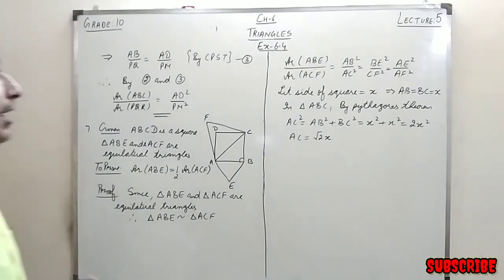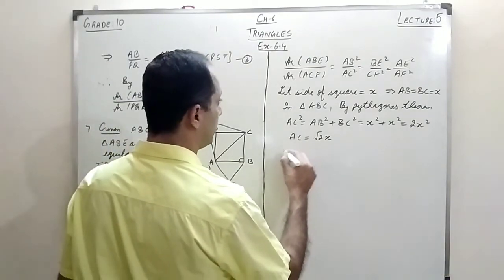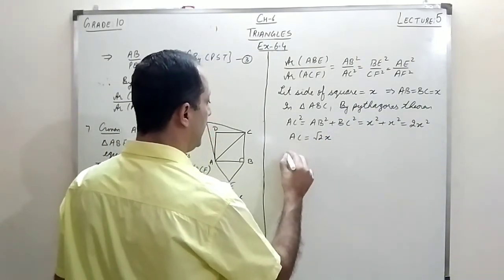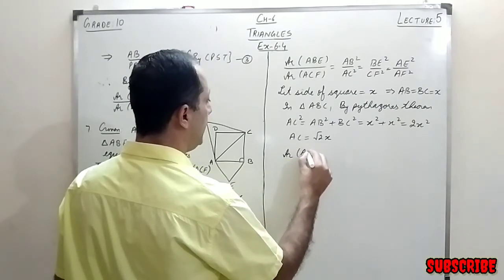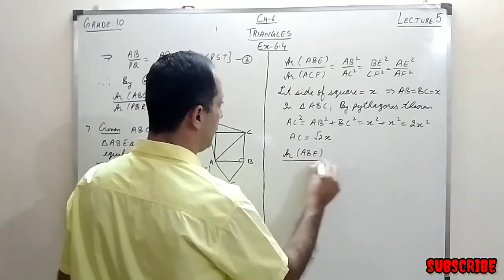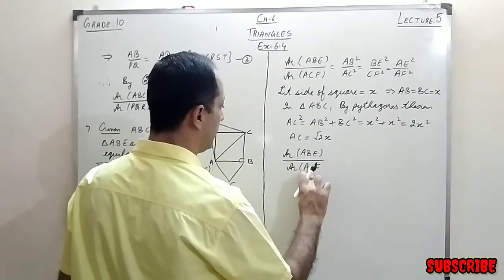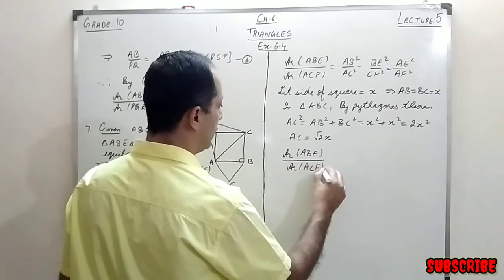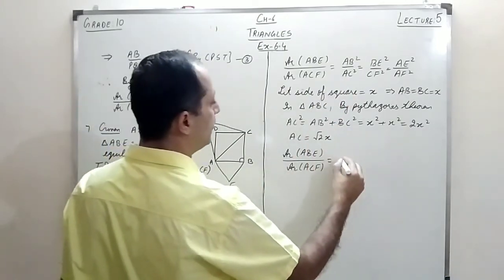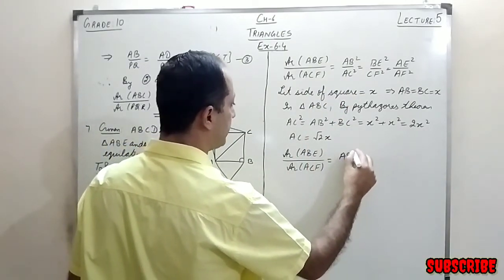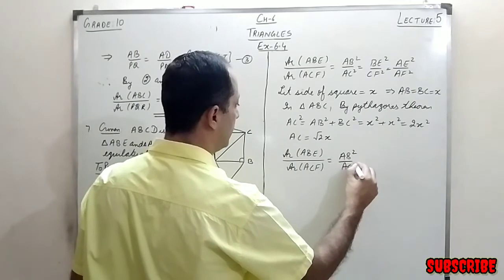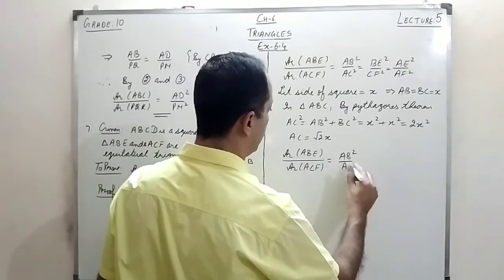Now since the triangles are similar, I just substitute the values: area of ABE upon area of ACF. Obviously, this is equal to AB square upon AC square. So I substitute the values here.